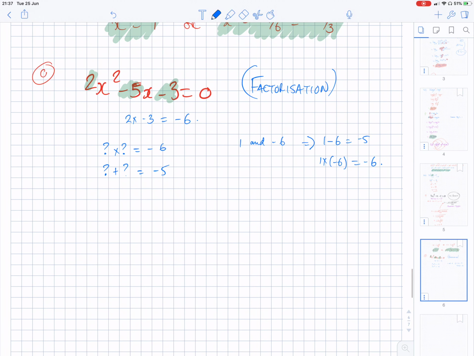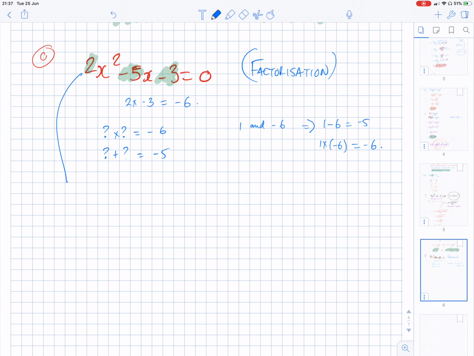So we go back to this equation and put the 2x squared, and where there is minus 5x, we put plus 1x minus 6x minus 3 equals 0.